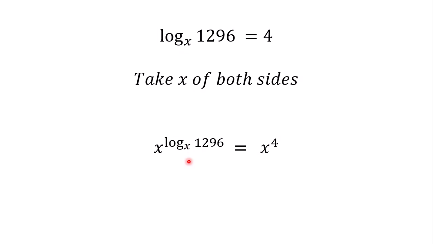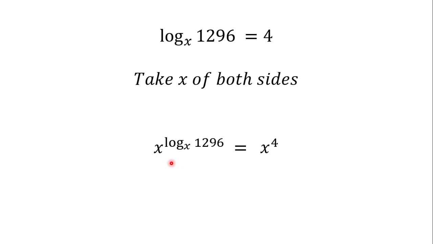That is, a raised to the power log b base a will give you b. Another property or another law of logarithm. That is what it says. So if you apply that here, that is a raised to the power log b base a, the a will cancel out and it will be left with your b.